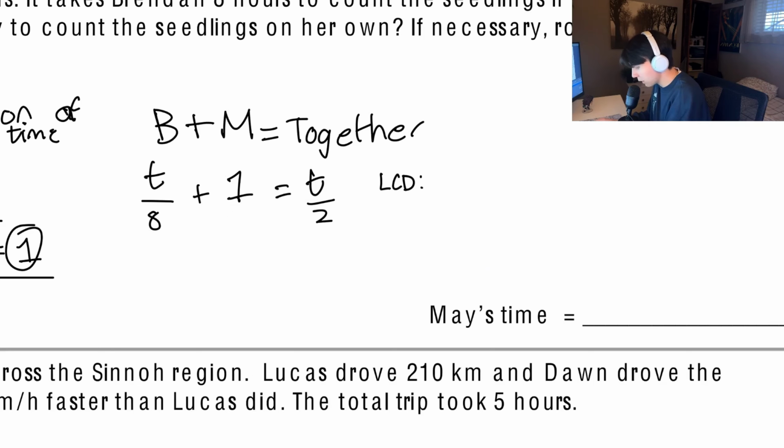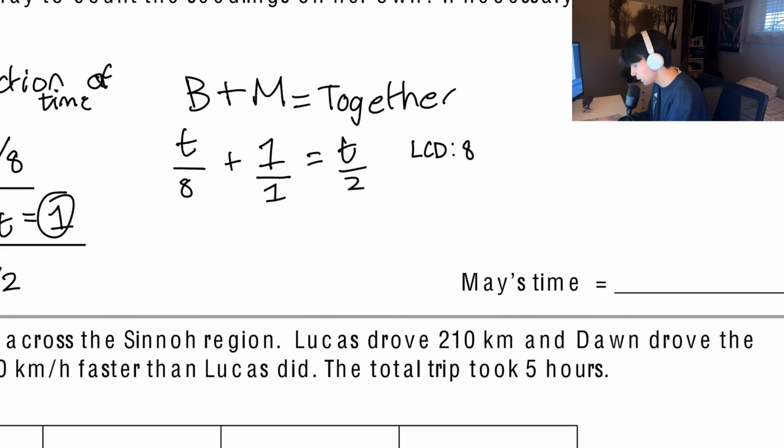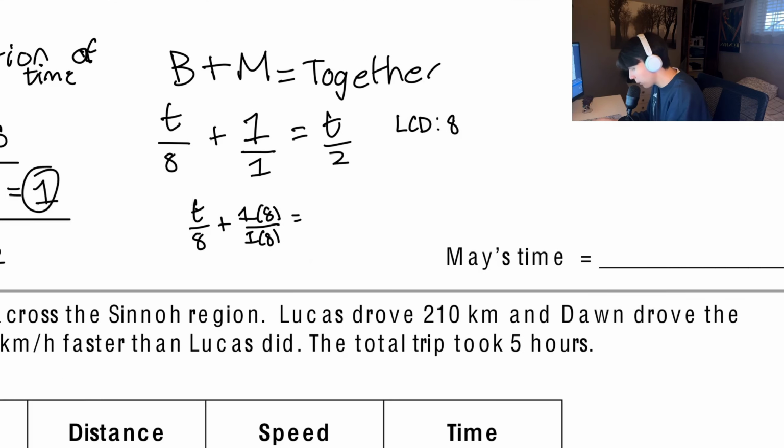So you have t over 8 plus 1 times 8 over 8. And to make this equal to 8 on the denominator, you have to multiply by 4. And so 2 times 4 gives us 8.